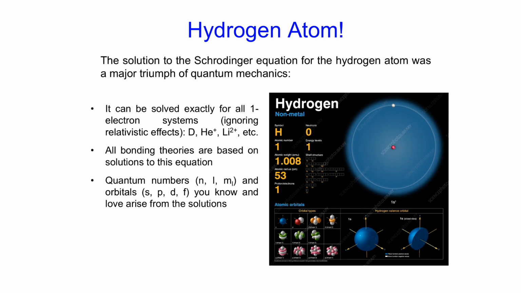But essentially what we're going to be doing is showing that we can arrive at all of those equations that we've worked with before and develop all of those quantum numbers and orbitals that you're familiar with simply by solving the Schrodinger equation for the hydrogen atom.